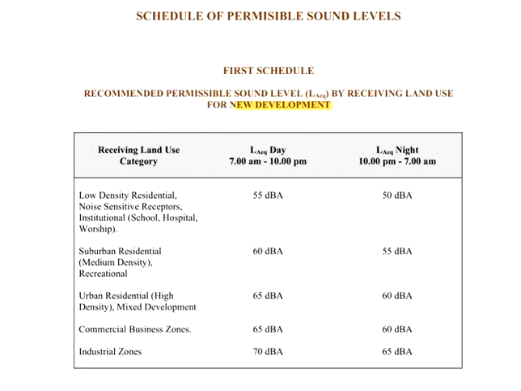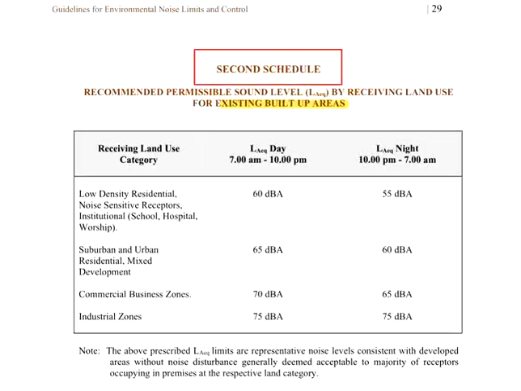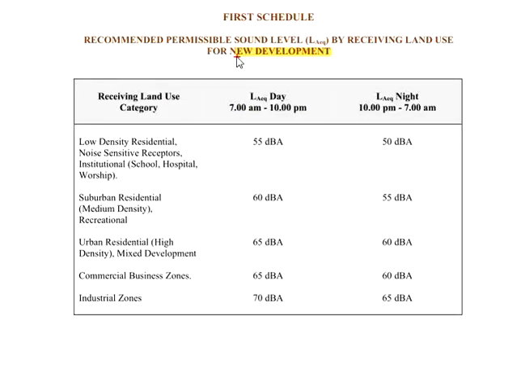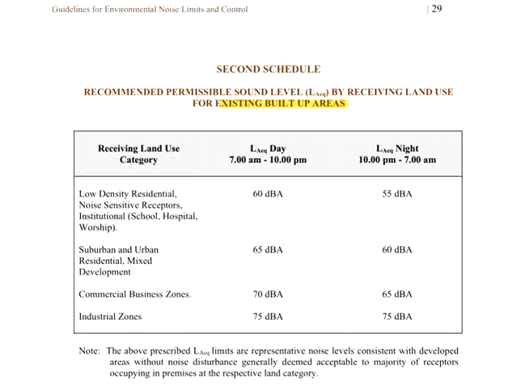To make it simple, the first schedule is for new development, whereas the second schedule is for the existing developed areas.